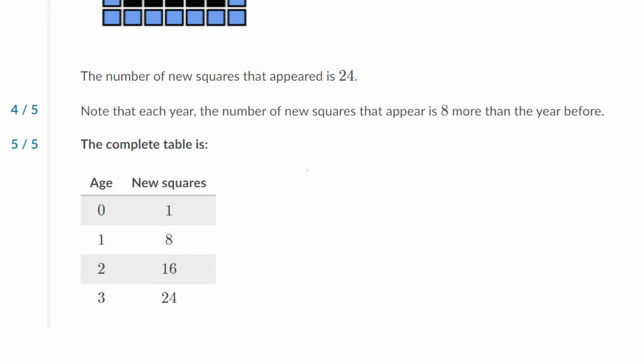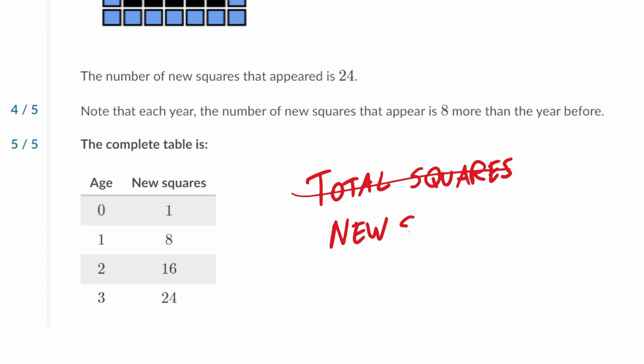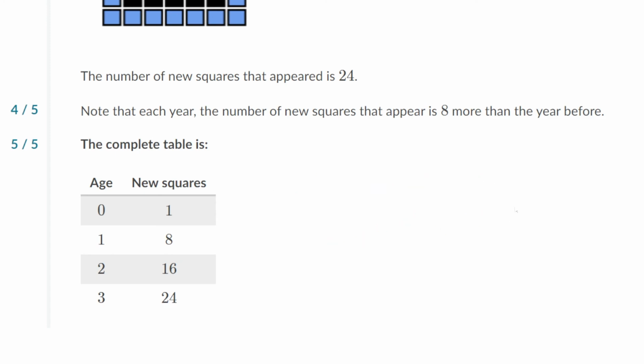So, I misread this. I said total squares. But that's not what it wanted. It wanted new squares. So, wording is very important. It's very easy to get tripped up in the words, and there is nothing wrong or shameful about that.